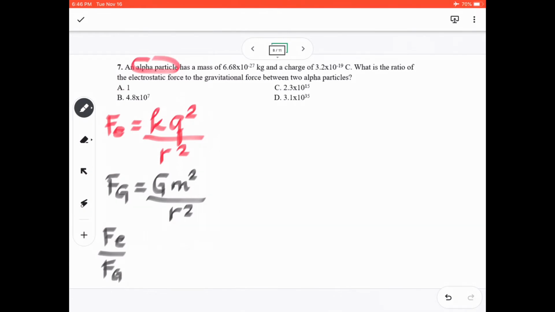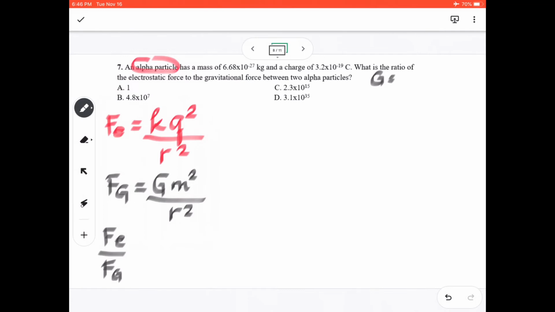We know that K is equal to 9.0 times 10 raised to 9. Now how about G? G is also a constant. You can find the value of G on the internet if it's not in your calculator already. If you're going to have this in your exam, the value of G will be given as well.